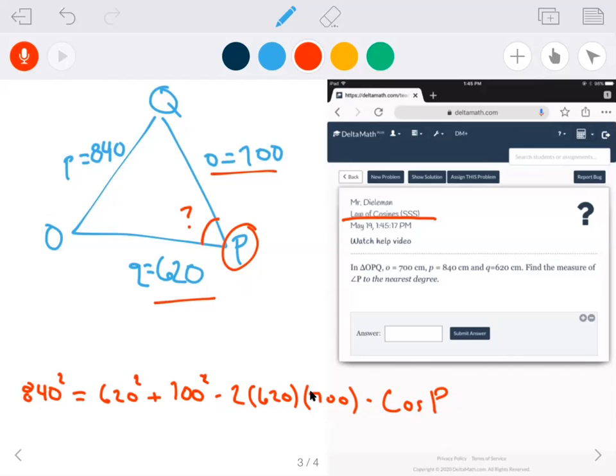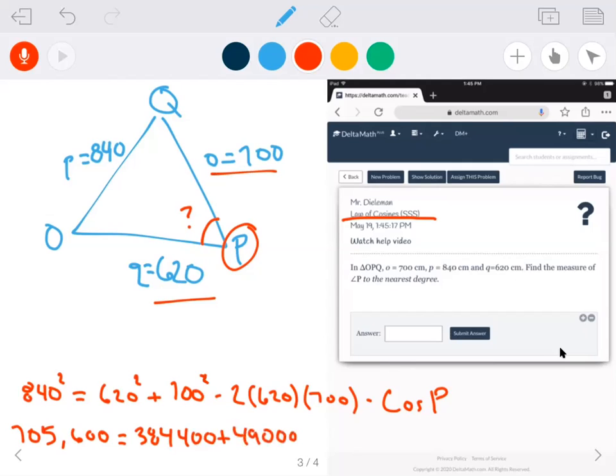On my calculator, 840 squared is equal to 705,600. 620 squared is 384,400, plus 700 squared, that gives me 490,000.